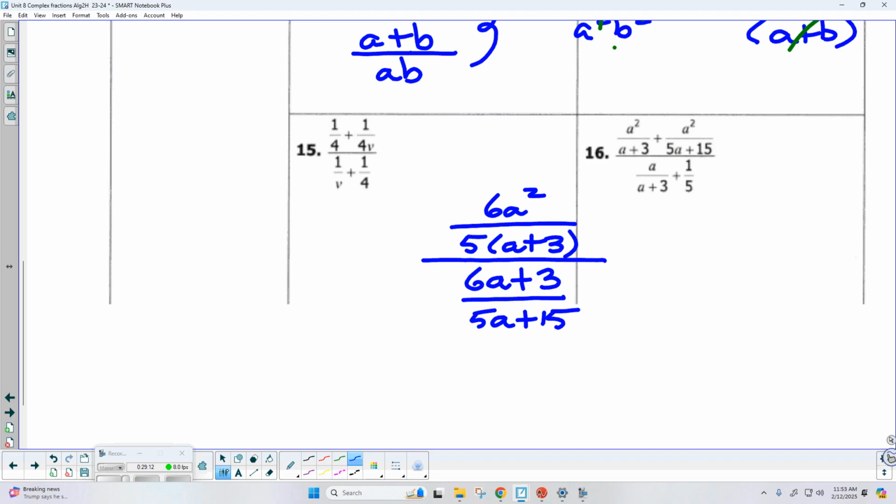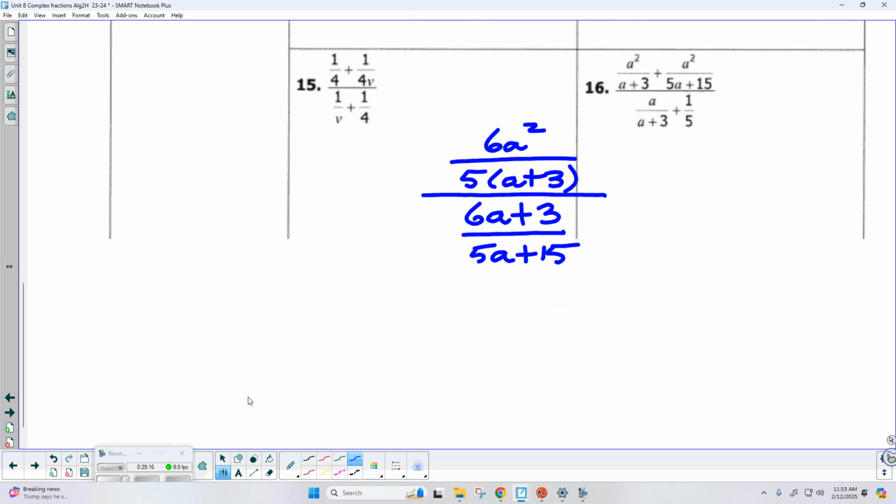So what's the greatest common factor of this 6a plus 3? Okay. So 3 times 2a plus 1, good. And then that would be over what's the greatest common factor of 5a plus 15?